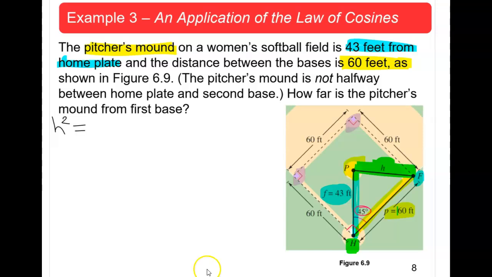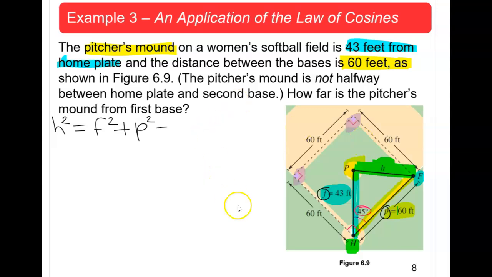If we look to our formulas, I told you we will use the other two sides first and square them, the addition of them. So f squared plus p squared.